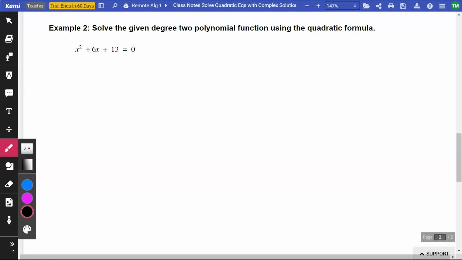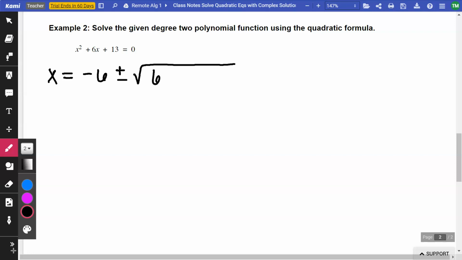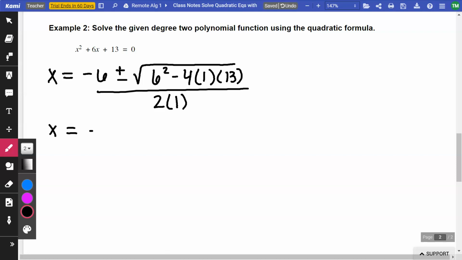So let's go ahead and plug this example into the quadratic formula. So you're going to have x is equal to negative b plus or minus the square root of b squared minus 4ac all over 2a. So x equals negative 6 plus or minus the square root of 6 squared is 36 minus 4 times 1 times 13.